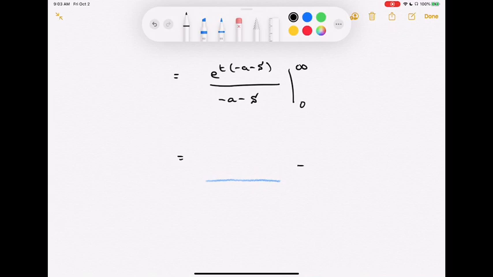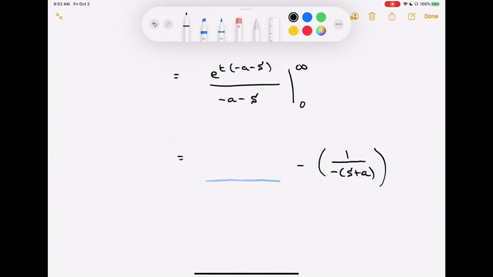E to the 0 is just 1. So I have 1 over minus a minus s, which I can write as minus 1 over s plus a.